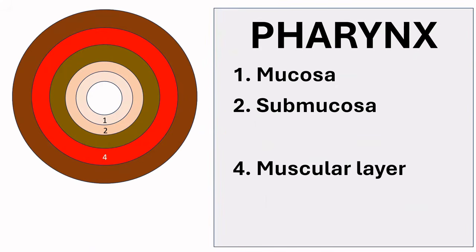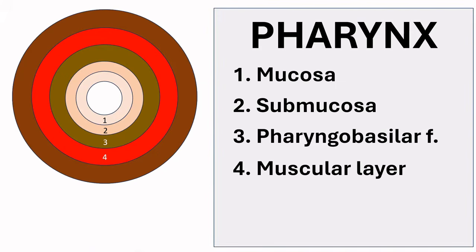We have a muscular layer, and that has to be present because, as said, the pharynx is a muscular tube, and muscles are often surrounded by fascia because that allows the smooth movement of muscles when they contract in relation to the surrounding structures.